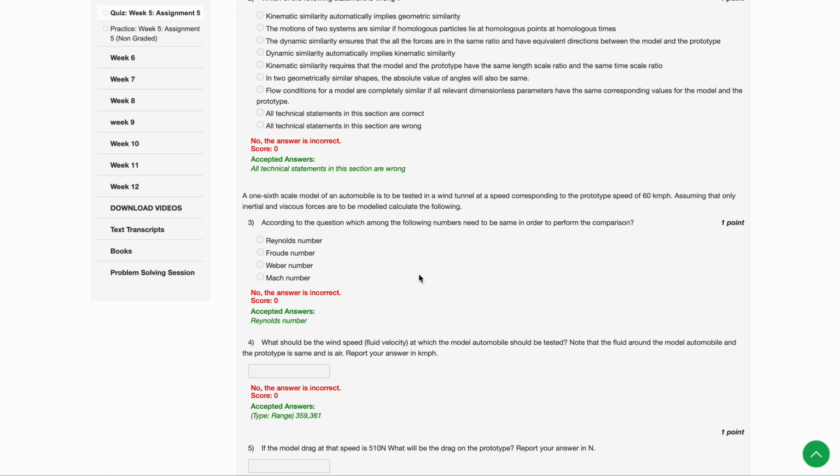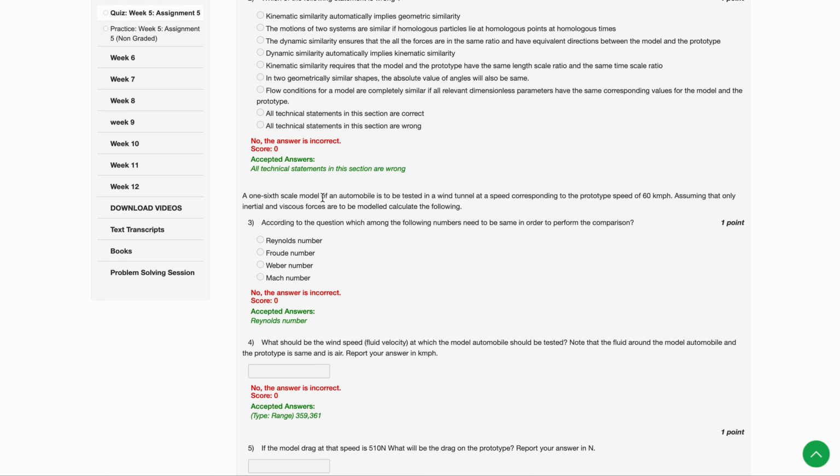Here the velocity scale for the model is, let's say, Vm, and the length scale associated with the problem is, let's say, Lm.